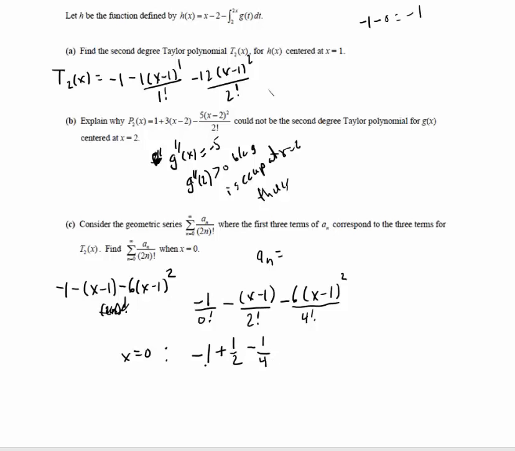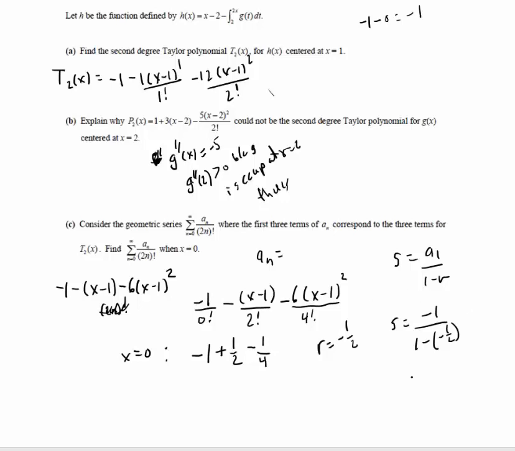Well, this is a geometric series. Hopefully you can see you're multiplying by -1/2. So r is equal to -1/2. And I'm finding the sum, which again is sum is equal to a1 over 1 minus r. The first term was -1, so the sum is going to be -1 over 1 minus your ratio, which is -1/2. And because the absolute value of this is less than 1, I am allowed to use this formula.